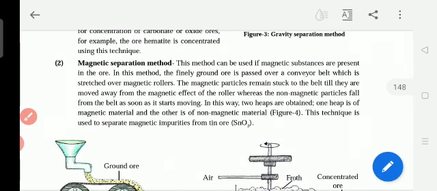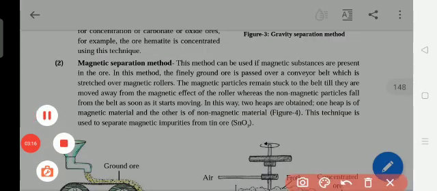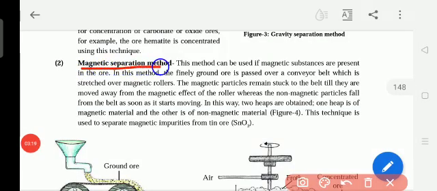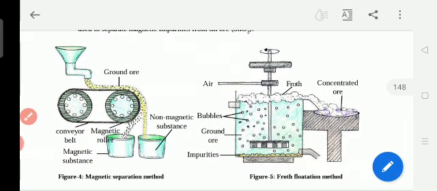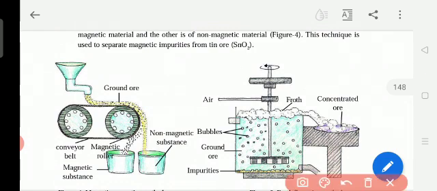Now we see the second one. The second one is the magnetic separation method. Now you see this one. This is used to separate tin, from magnetic impurities.